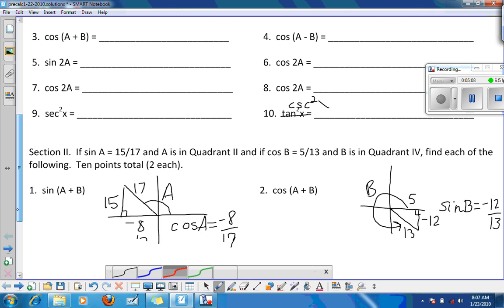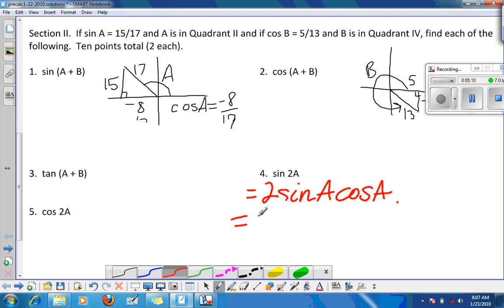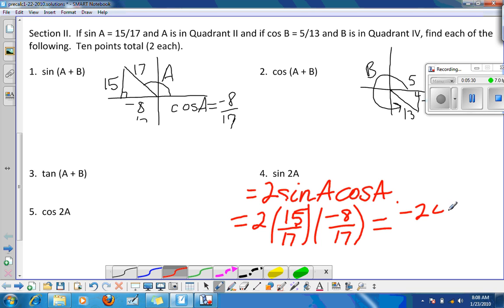So I've got 2 times 15 over 17. And the cosine of A is negative 8 over 17. Multiplying out, let's see, we get 2 times 15 is 30, times negative 8 is negative 240, and the denominator, 17 squared, is 289. So there's our answer for number 4.